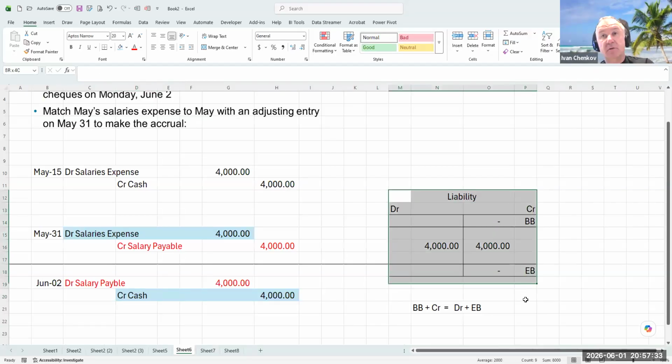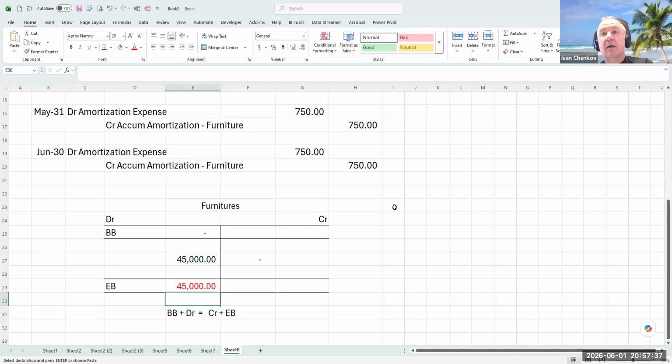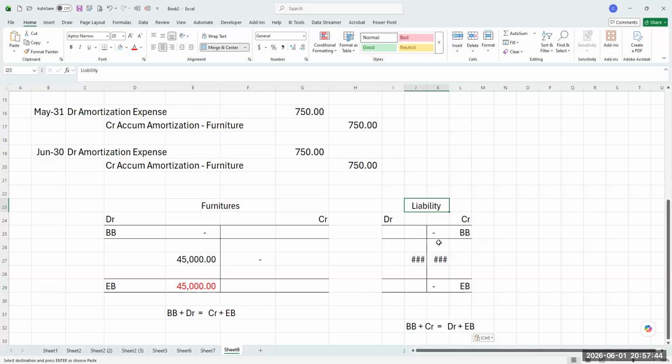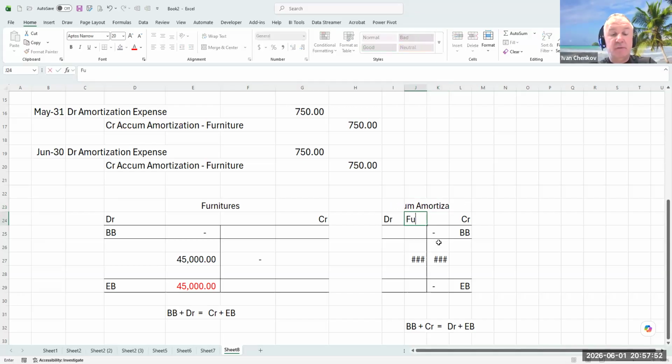And then I'm going to keep track of a separate account, which looks like a liability account, but it's totally not. It's a companion account to the asset account, and it's going to be called accumulated amortization. In this case, that will be furnitures.